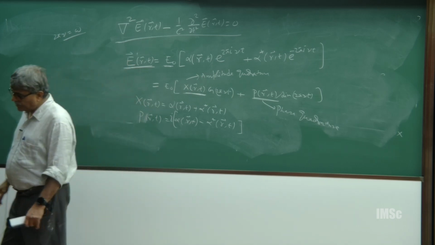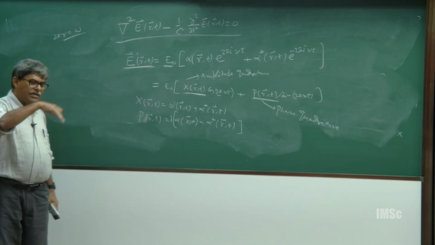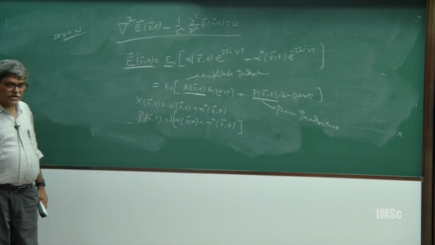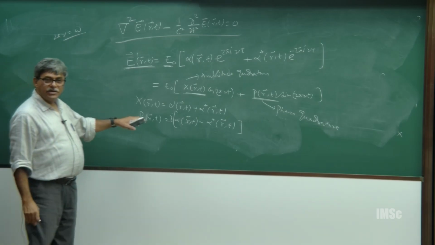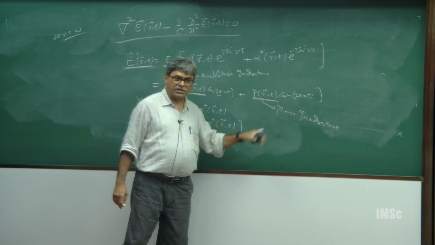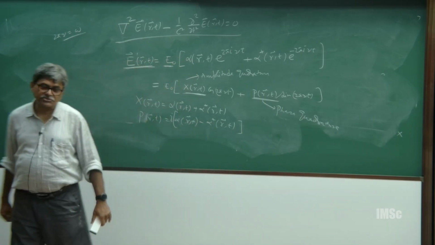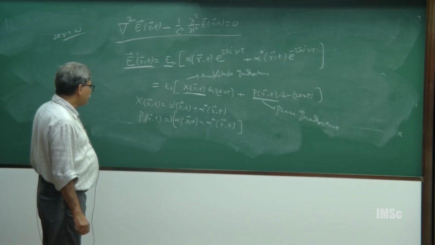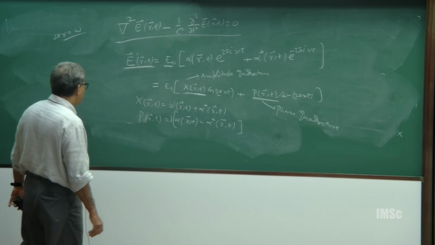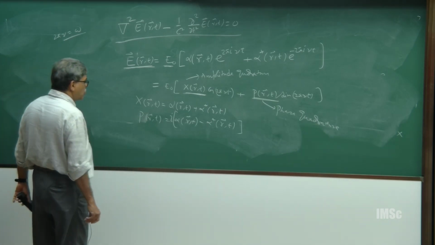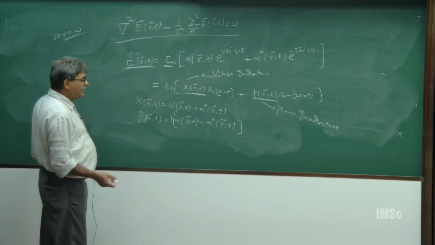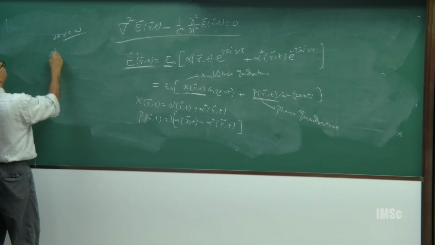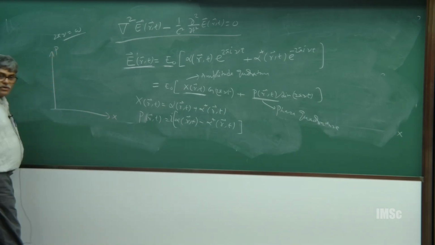In fact, I am sure you must have learned the phasor diagram in wave optics, where any wave can be represented in terms of these two components x and p in the phasor diagram. So, you have your p and this is your x, right.